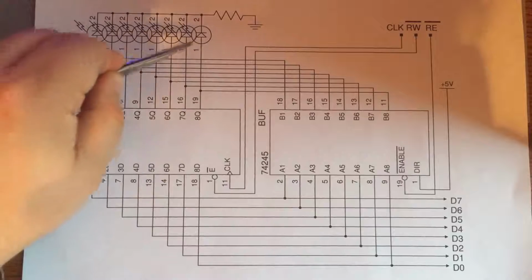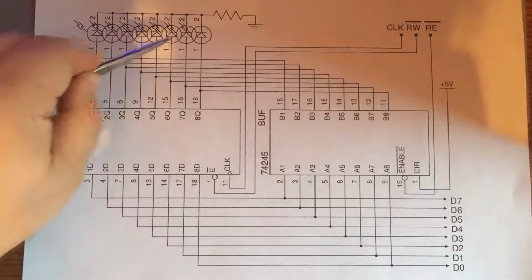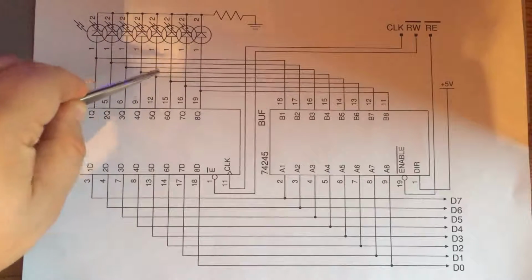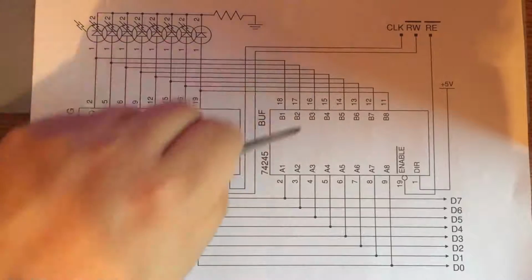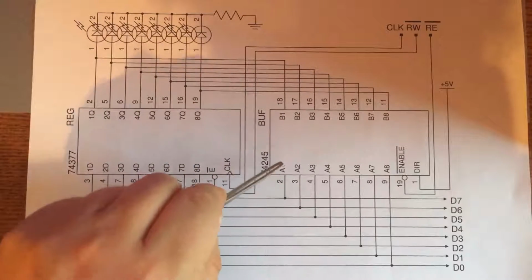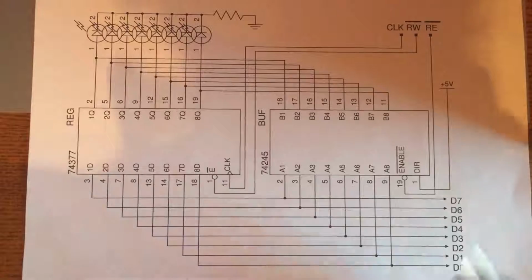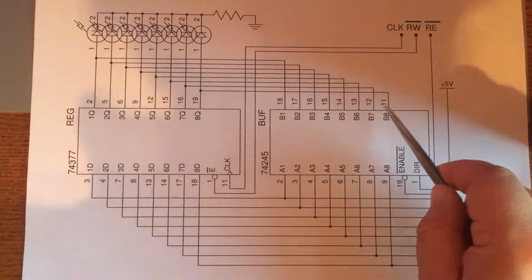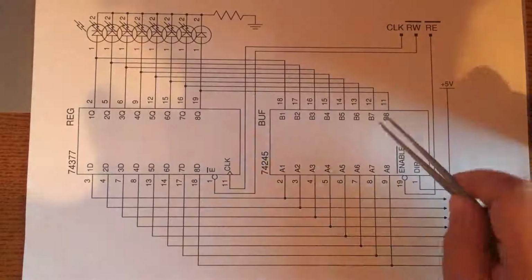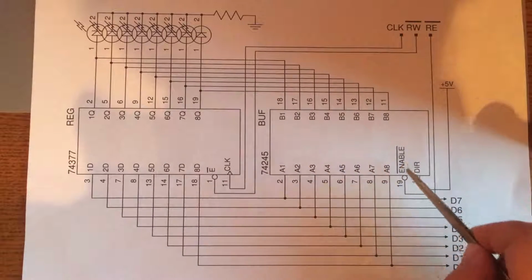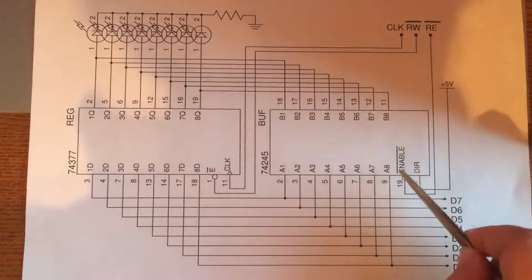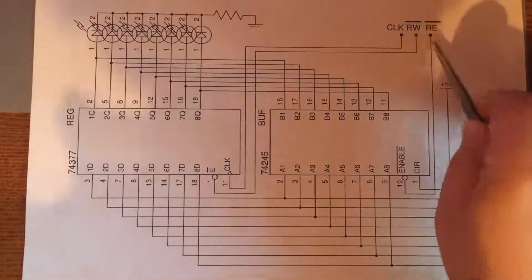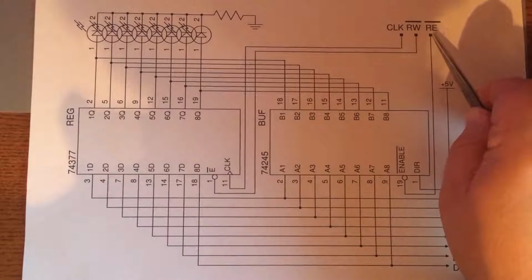And so we have these LEDs, which we've connected up here. We also connect these outputs back to this 74HCT245 buffer chip, which uses tristate logic to either connect this signal or not back onto the bus. Whether or not it should connect is controlled by this enable signal, which is connected to the enable of our register.